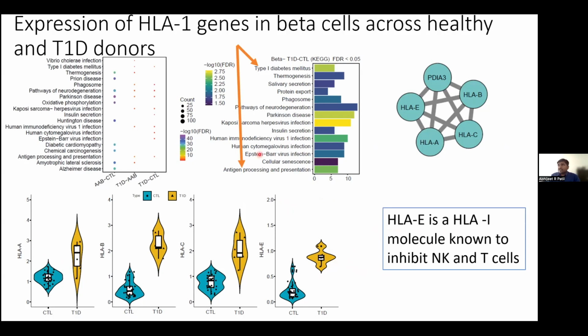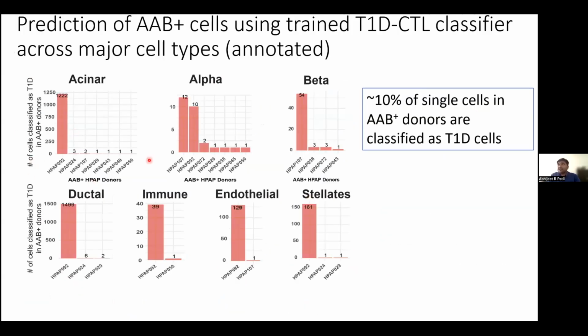Now that we saw HLA class 1 was upregulated in all cell comparison and beta cell comparison, we wanted to predict how these autoantibody positive donors are classified. So first we used type 1D versus control as a trained classifier and applied all the cells from autoantibody positive donors as a testing set.